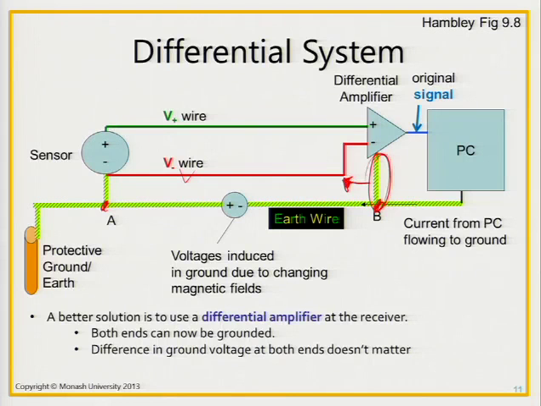So it doesn't matter what the reference level is, because even if the voltage fluctuates between V plus and V minus, we still get the original signal back because this will be V plus subtract V minus at this point. So this allows us to have these earths, which allow safety, and in this way we still get the correct signal being sent through to the controller.